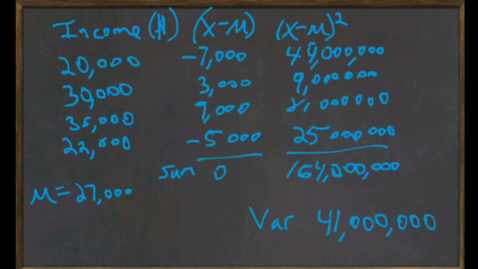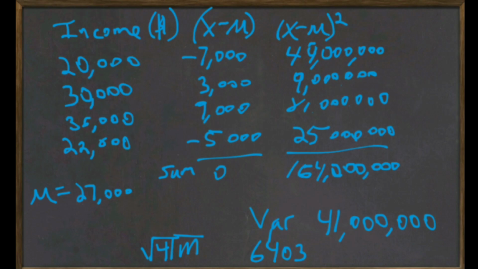Now, if we take the square root of 41 million, I'm just going to shorthand it as m, we get, again, 6403, or 6.4 thousand, or 6,400.